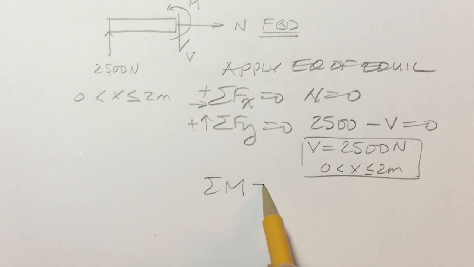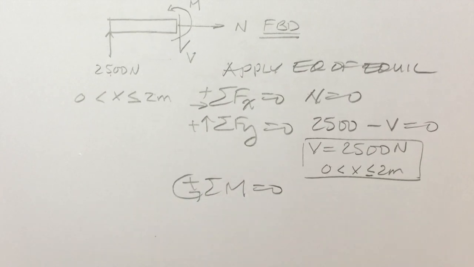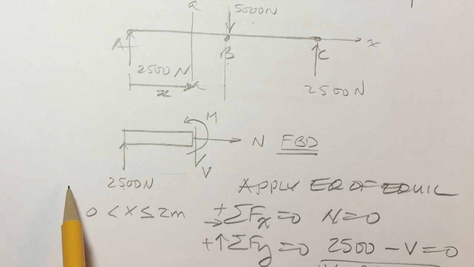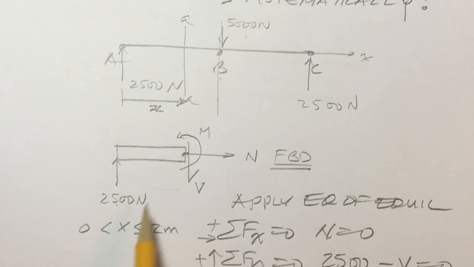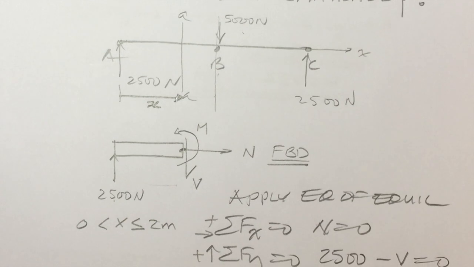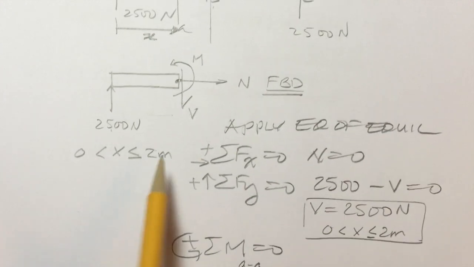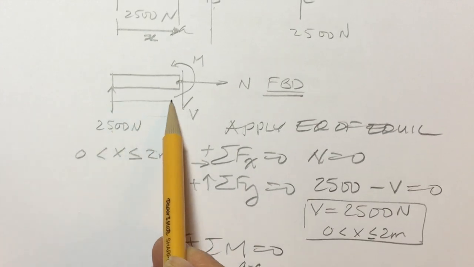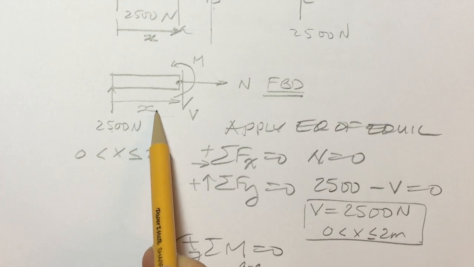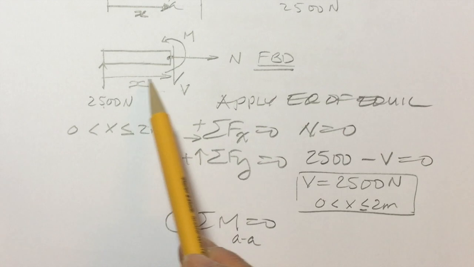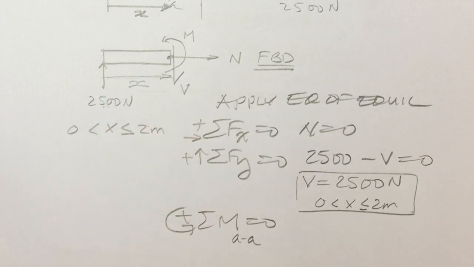Sum of the moment must equal 0. And I'm going to choose the moment to be at, I guess, this point. It doesn't matter where I choose it. So I'll just say it's at section AA. So this is my moment arm, which has a distance x. So that'll be moment arm x times 2,500.